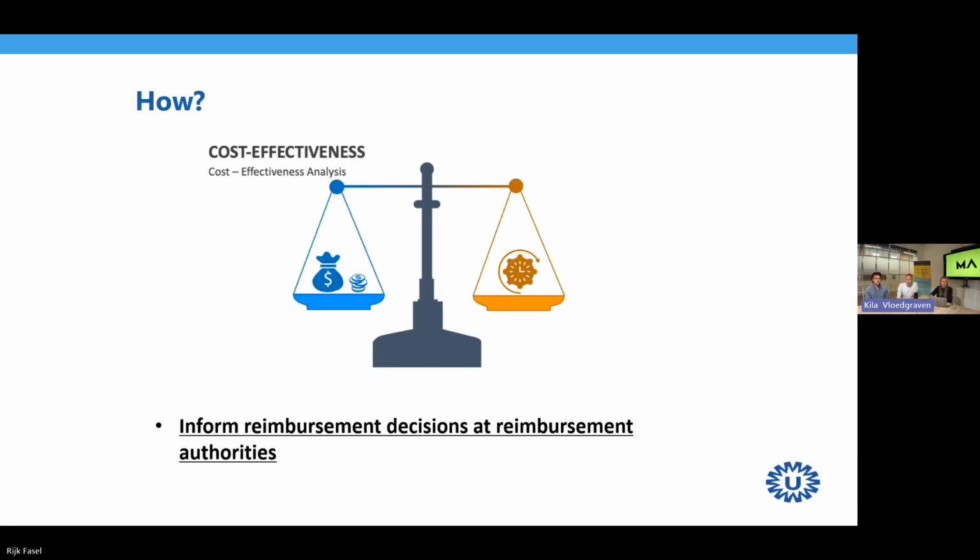So cost effectiveness and health economics, and as I already mentioned, maybe a lot of you are already aware of this definition, is something in which we try to link the costs and effects of the new and the old strategy with each other. We want to gain insight into how much we pay and what we get back from it. And it informs reimbursement decisions at reimbursement authorities.